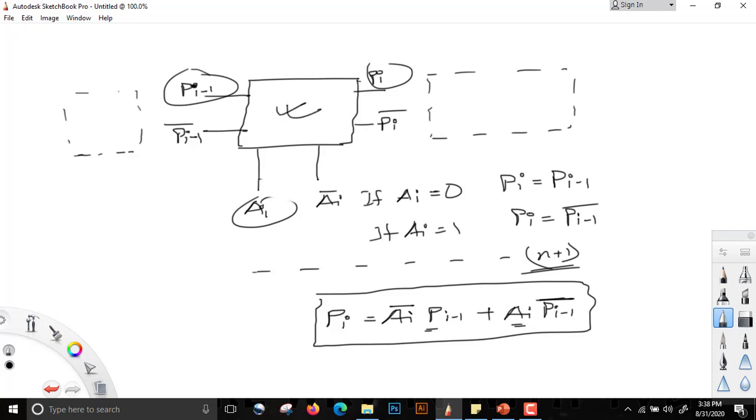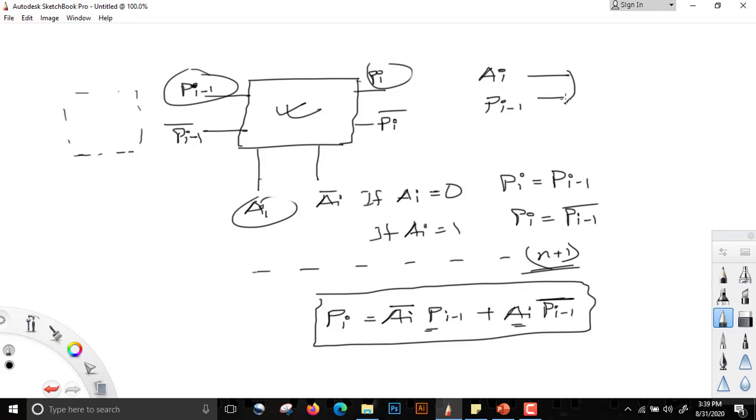So how can we actually design it? We have true and complementary inputs. So what we can do is, we can see Ai bar Pi minus 1 and Ai Pi minus 1 bar. So we can actually say that this is Ai Pi minus 1.